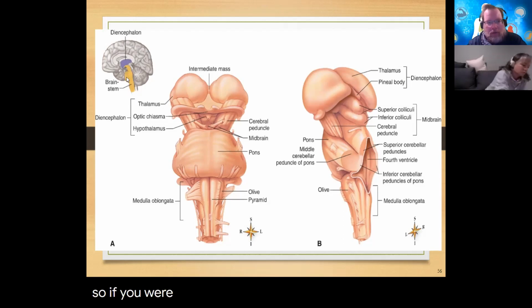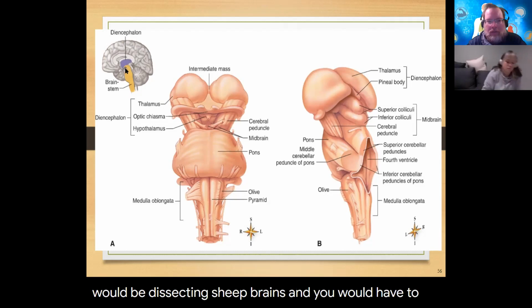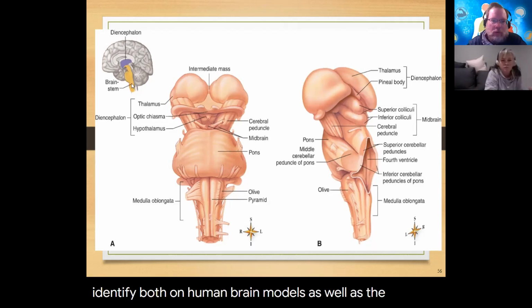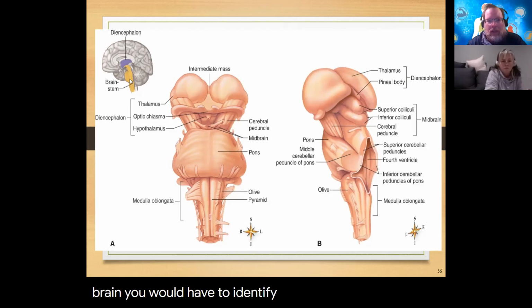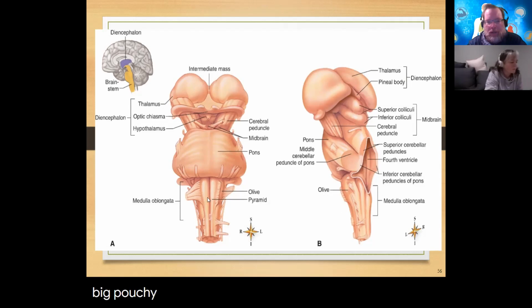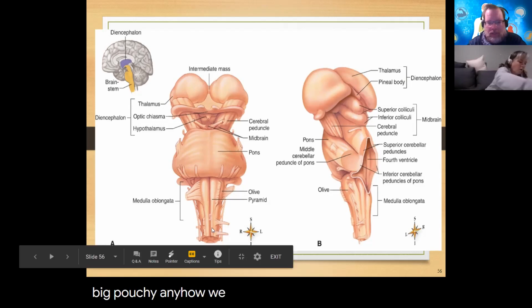If we were in class, you would be dissecting sheep brains, and you would have to identify these parts of the brain stem on both human brain models as well as the sheep brain. The pons is pretty evident with that big pouchy area. Anyhow, we do see a posterior view.